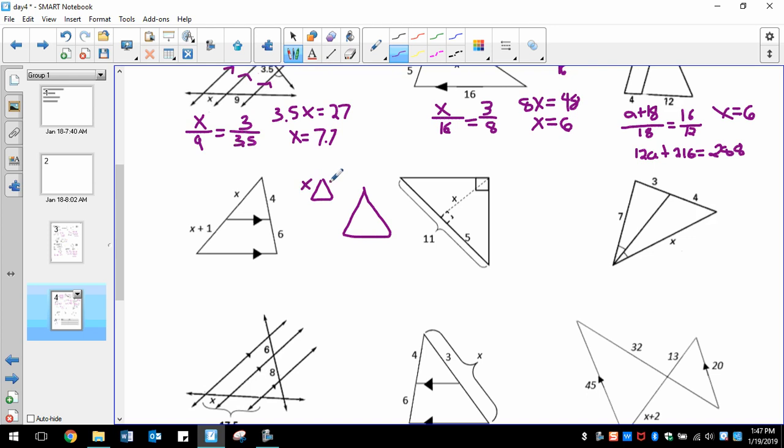So we have the x and the 4, and because we already have an x and then a second x, when you combine them, just go ahead and combine like terms. So it'd be 2x plus 1, and then along here is 10. So again, you're going to set up using corresponding sides. So I have x over 2x plus 1 is equal to, go back to the original triangle, 4 over 10.